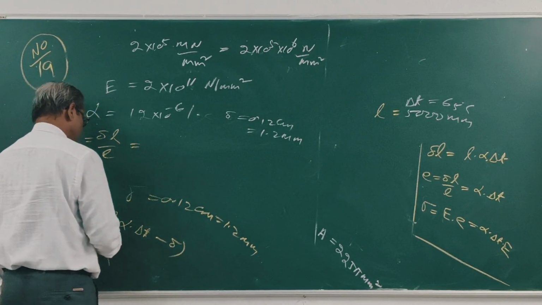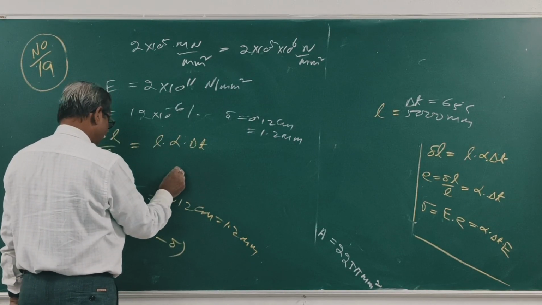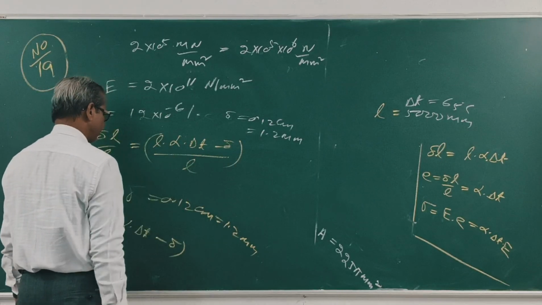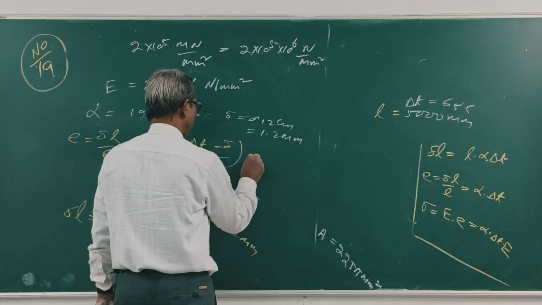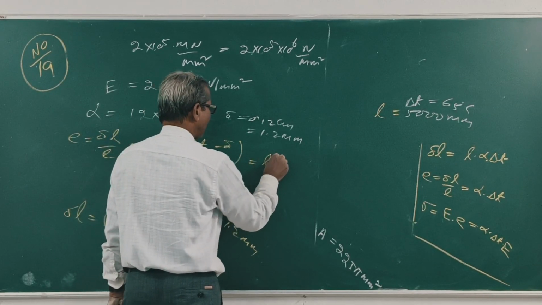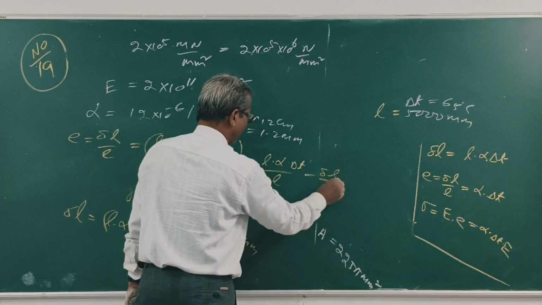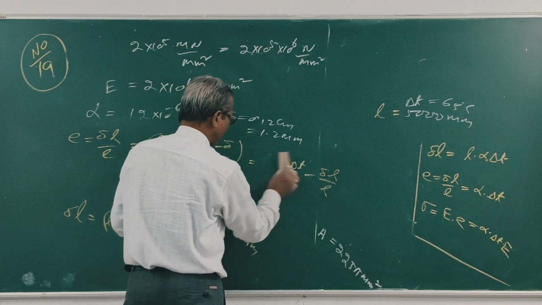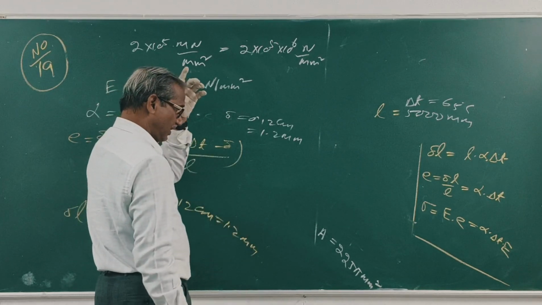This is L alpha delta t minus delta. So strain is equal to L alpha delta t by L minus delta by L. Okay, this is clear.